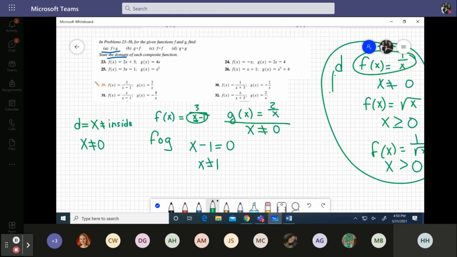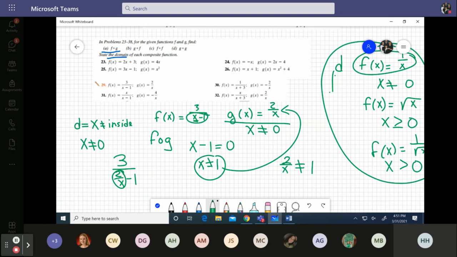That means that this 2 over x cannot equal a 1. Well, if this 2 over x is equal to 1, then 1 minus 1 would be a 0, and I would end up with a 0 in my denominator.